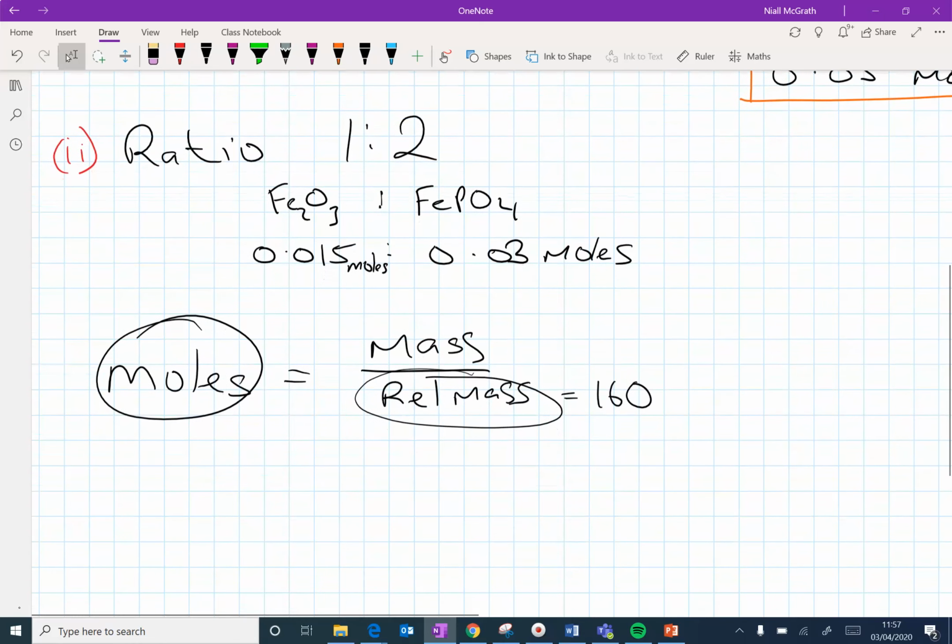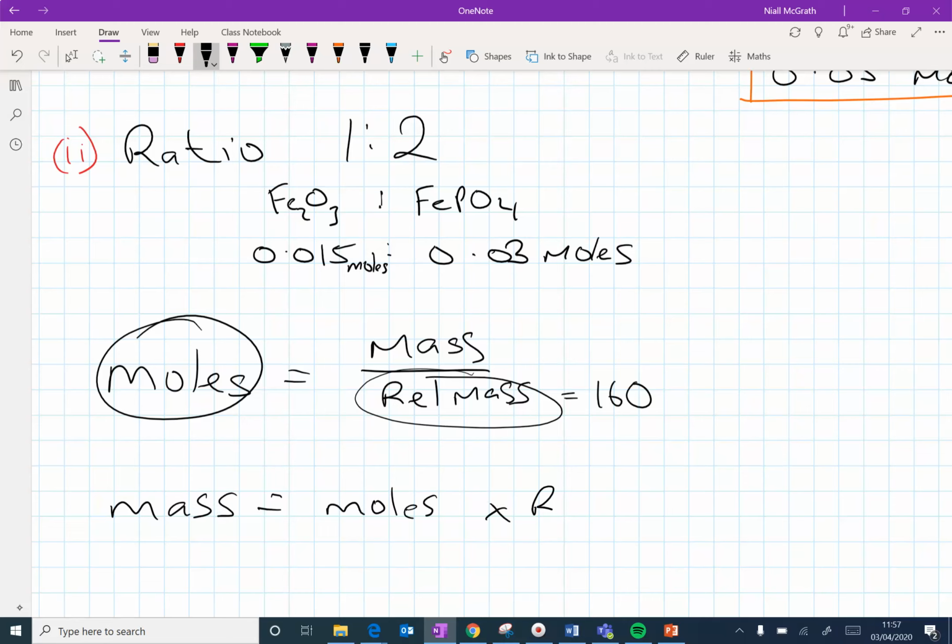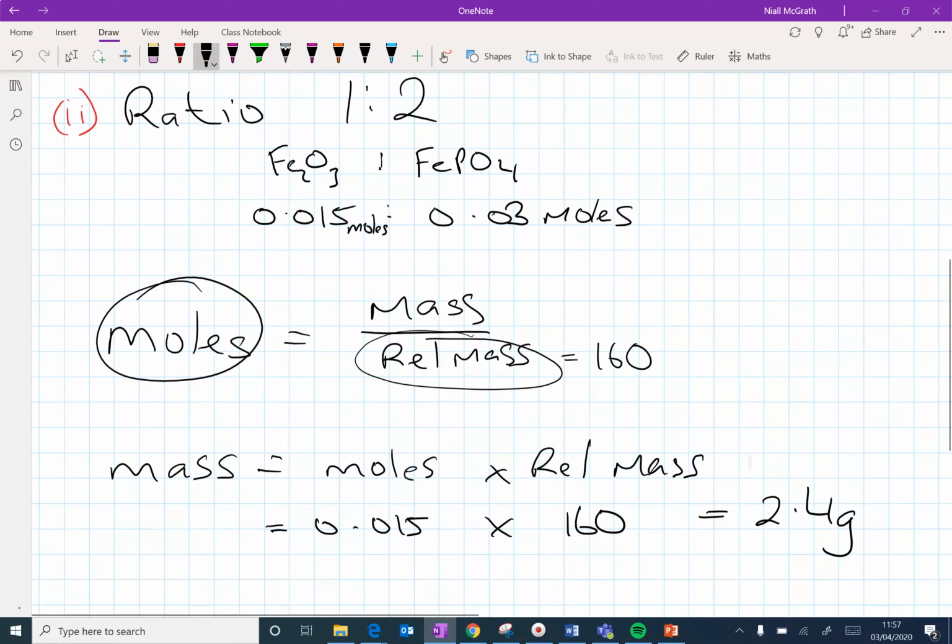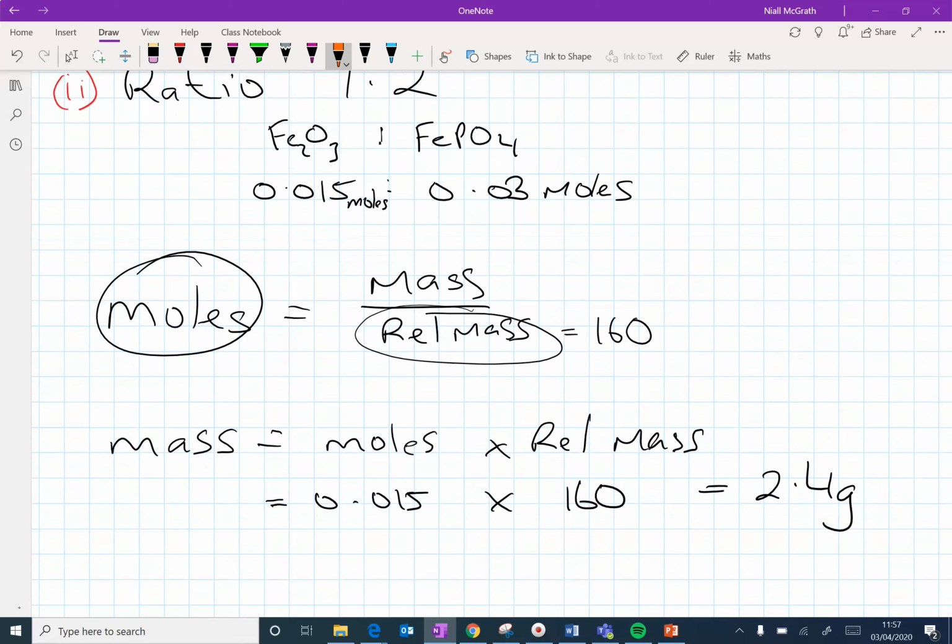So if we want to find the mass, the mass is going to be equal to the moles multiplied by the relative mass. That's going to be 0.015 multiplied by 160, and that gives us 2.4 grams. And that is your answer to part 2.